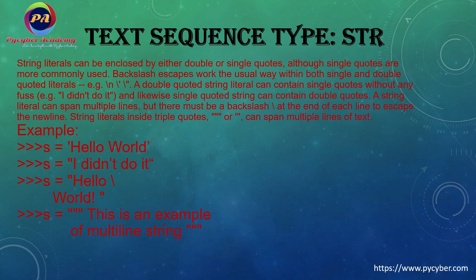That will also not create any problem. If we want to use single quotes as well as double quotes in our string literals, at that time we can use triple quotes, that means triple double quotes or triple single quotes, which are also used to write multi-line text.